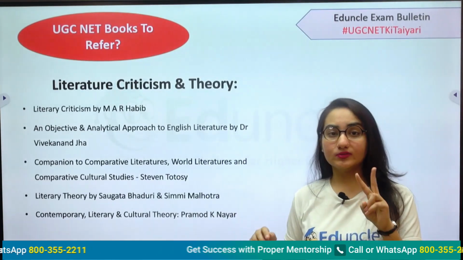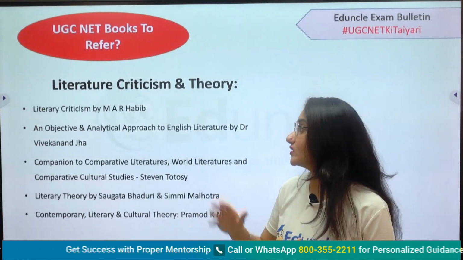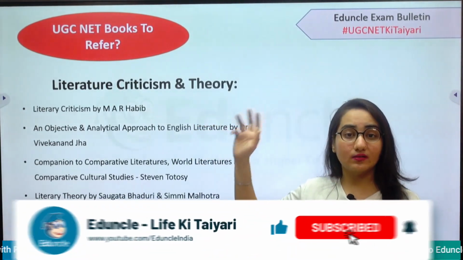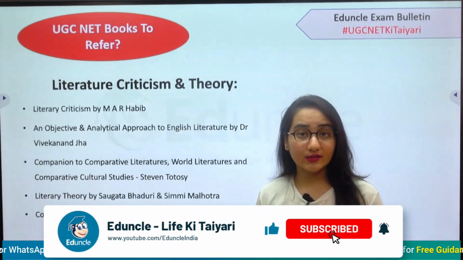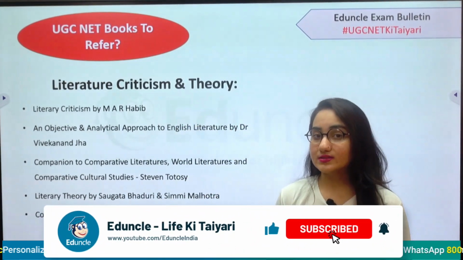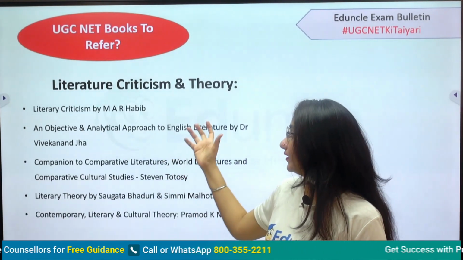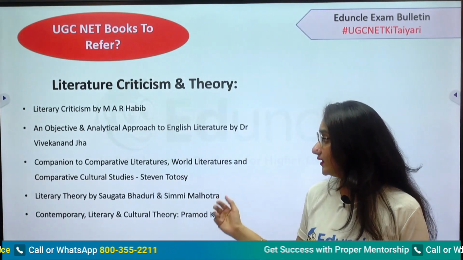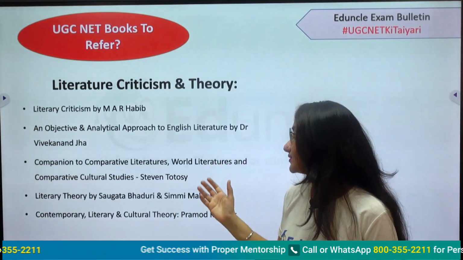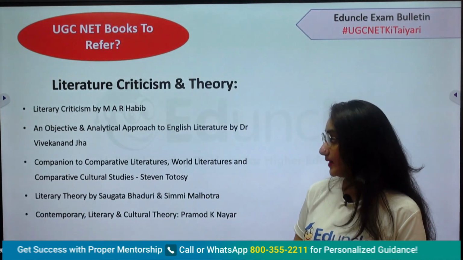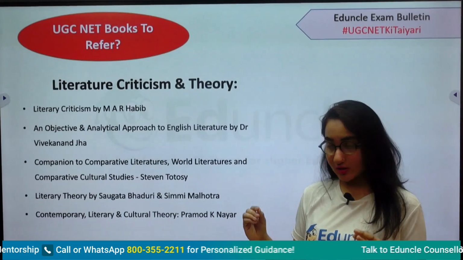Now if I talk about the second and the third module, which are literary criticism and literary theory, these are the books which you must go through. That is Literary Criticism by M.A.R. Habib. Then there is An Objective and Analytical Approach to English Literature by Dr. Vivekanand Jha.